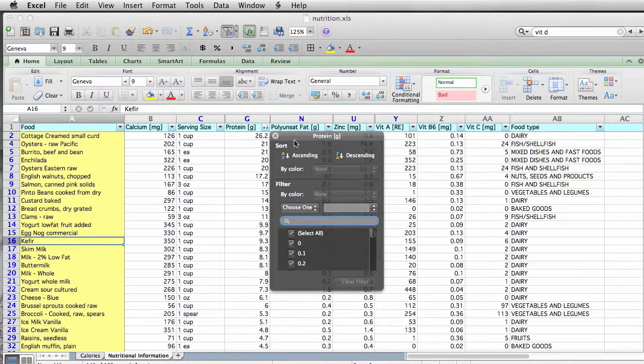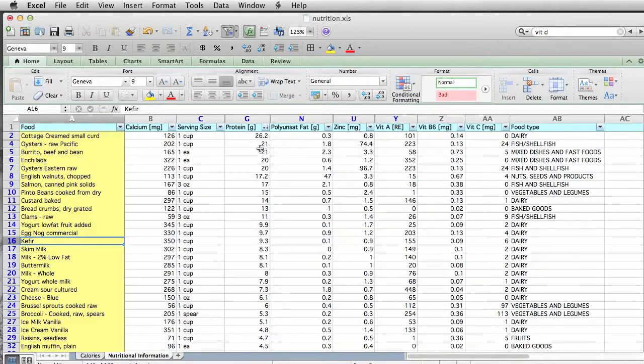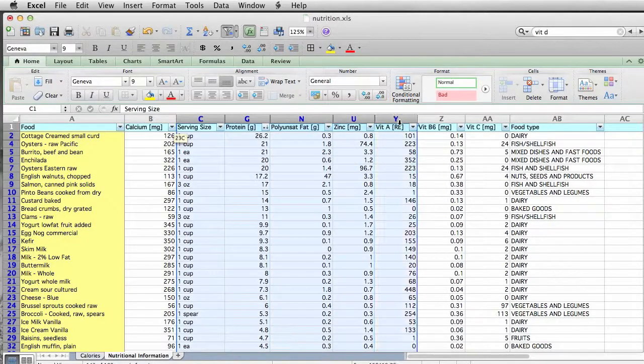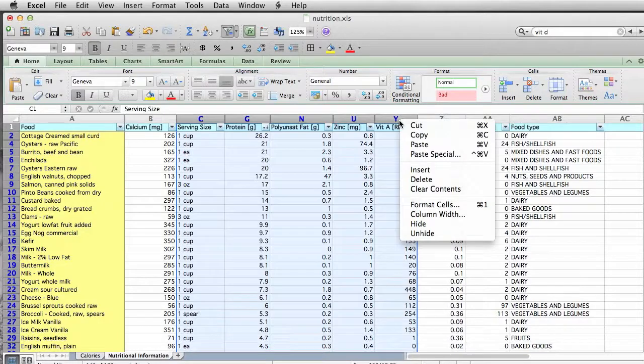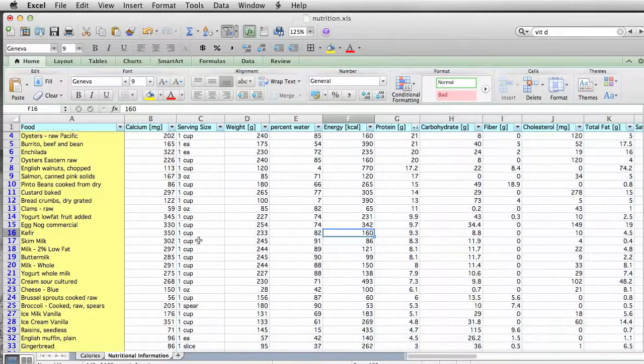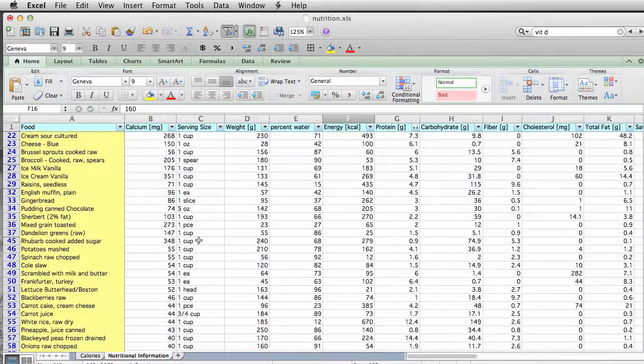To unhide the fields, you would click across all those ones which are blue, right click here, and say, okay, what we'd like to do right now is unhide. So now we can see here's all of our entries and so forth. We have all of our data back, and we can start to do another analysis.